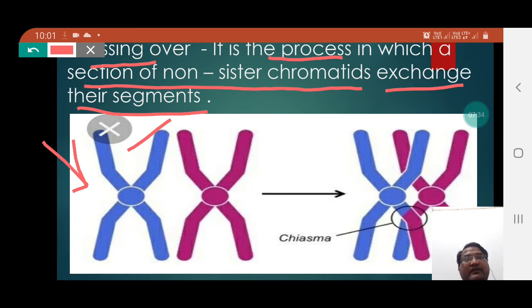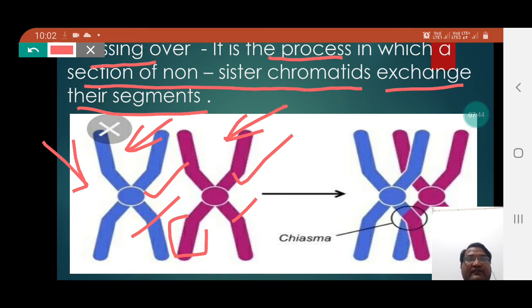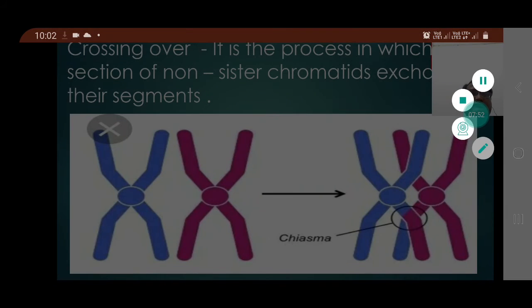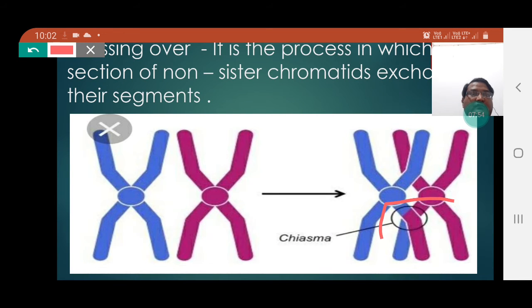Students, here we can clearly notice that there are two different chromosomes and both are non-sister chromatids. When the non-sister chromatids exchange their sections, you can notice the chromosomes are exchanging their segments.